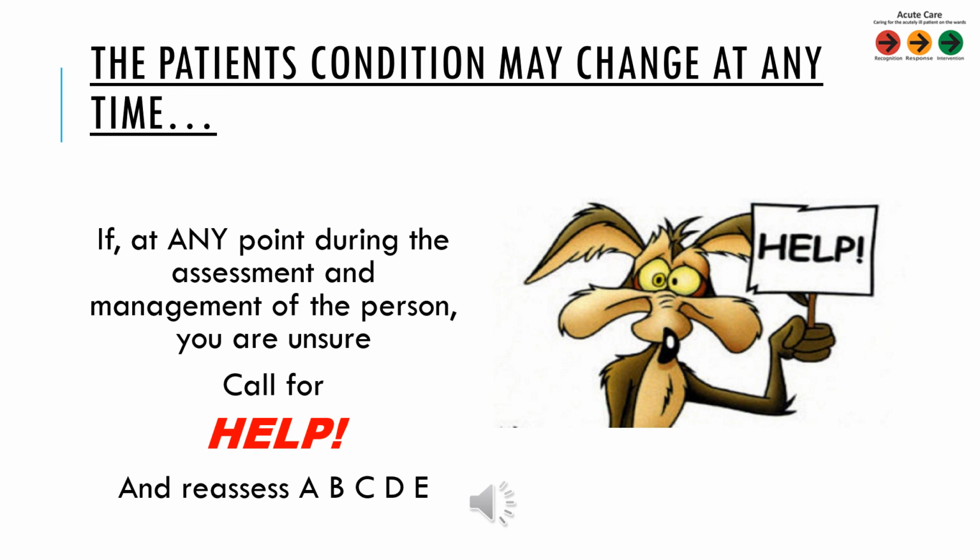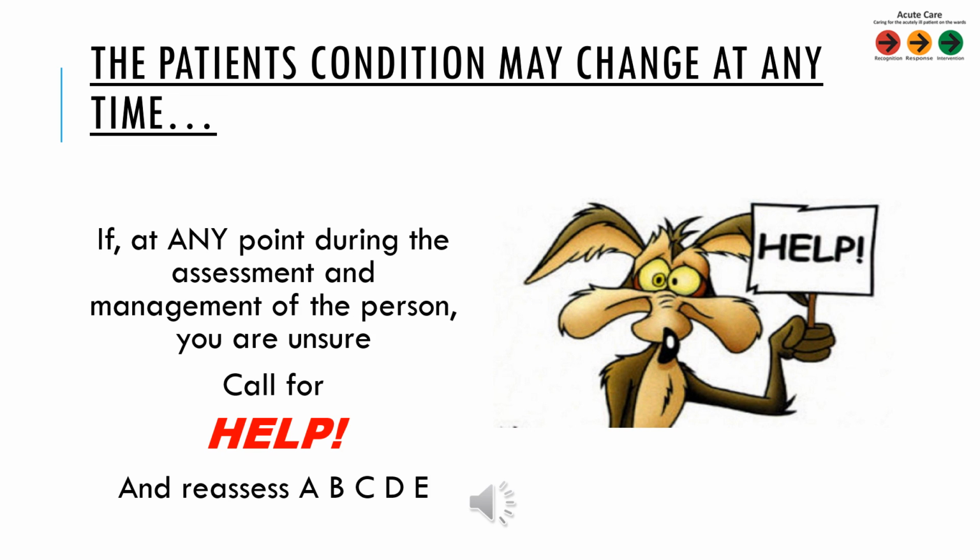Although we have presented the A to E as a linear assessment, it is actually a process by which we ensure that we don't miss anything. Yes, we follow the order, but things may change and you may have to jump to and fro.